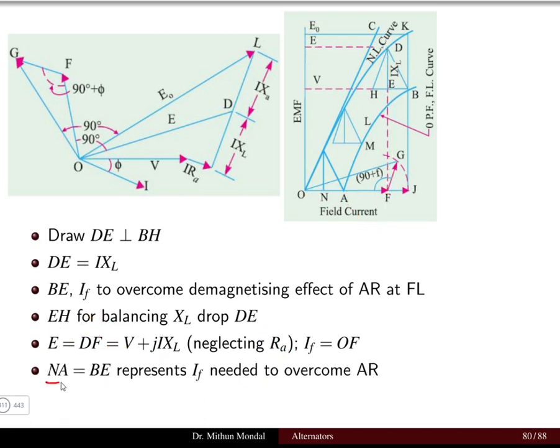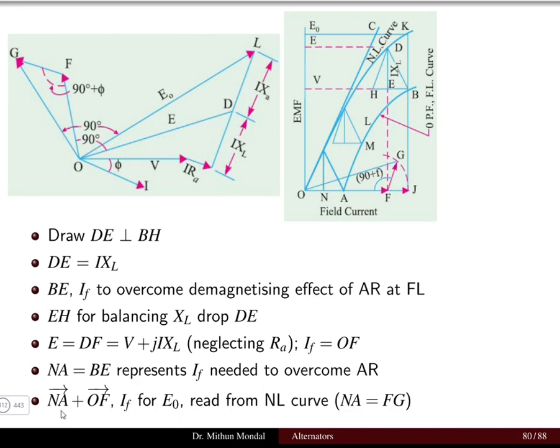And NA, this is the point N and this is the point A, is equal to BE, because we have obtained BE. So NA and BE are equal, which represents the field current needed to overcome the armature reaction. So we can see from this vector diagram that the Potier method takes into account all the effects of the armature reaction.